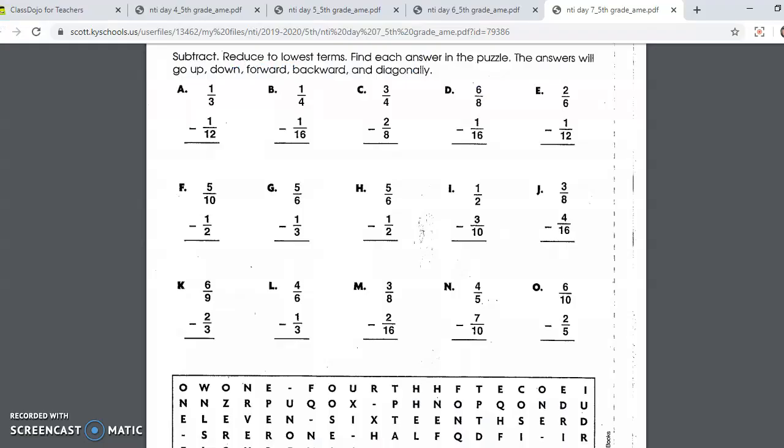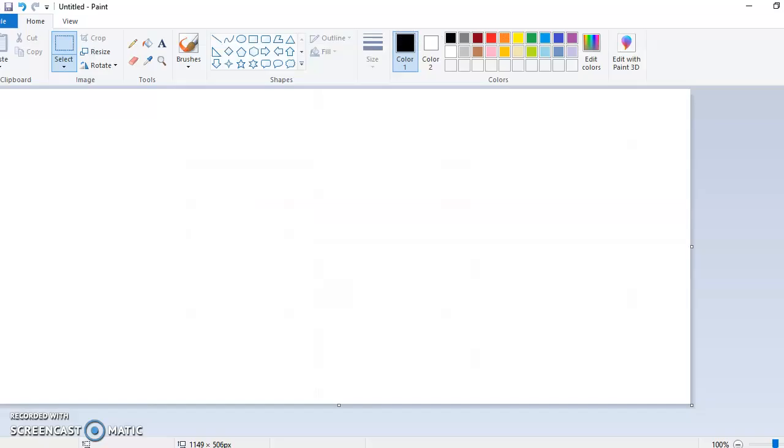Let's look at another one here. How about 5/10 minus 1/2? I think that we can probably change 2 to 10 because it's an even number and I can multiply. So my 5/10 is going to stay the same.